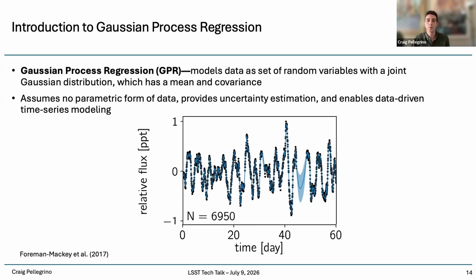So shown here is an example of a Gaussian process regression fit to some data. I think this is a simulated exoplanet transient or some stellar variability curve, something like that. But the data here is shown in black, and then the Gaussian process fit is shown in blue. And so you can see that the fit does a really good job overall of capturing the semi-periodic nature of the data.